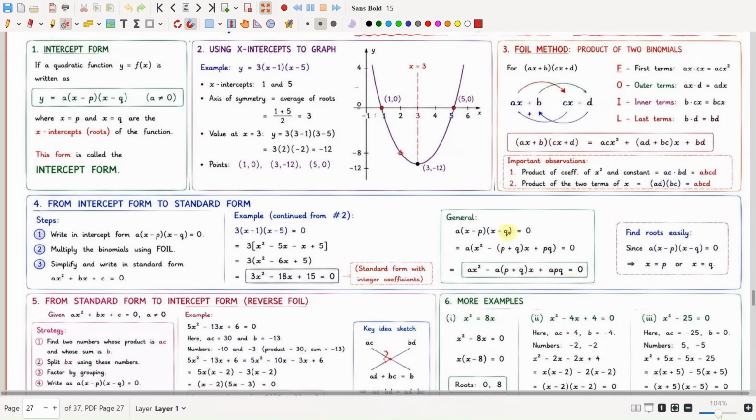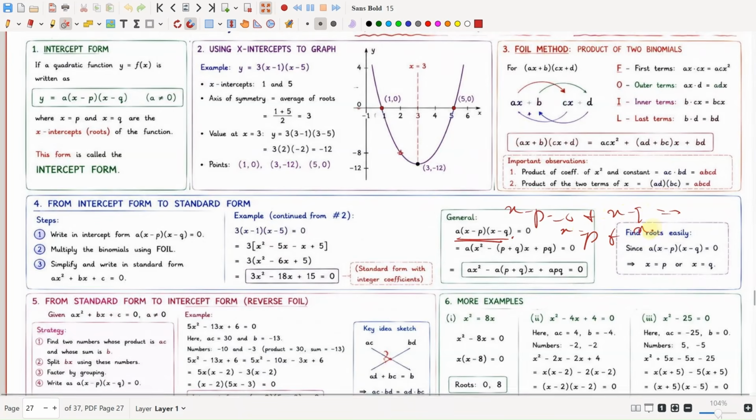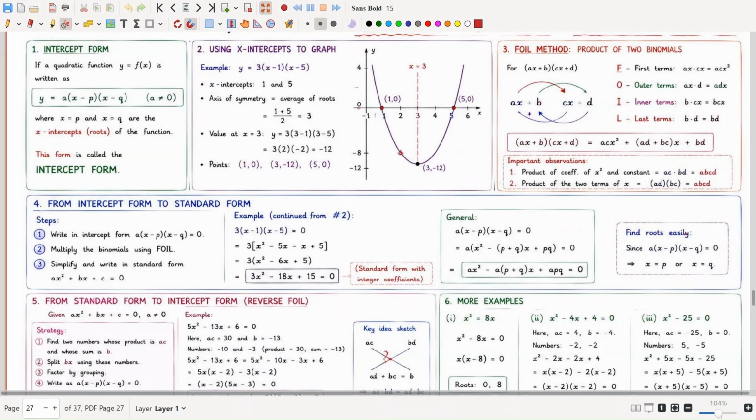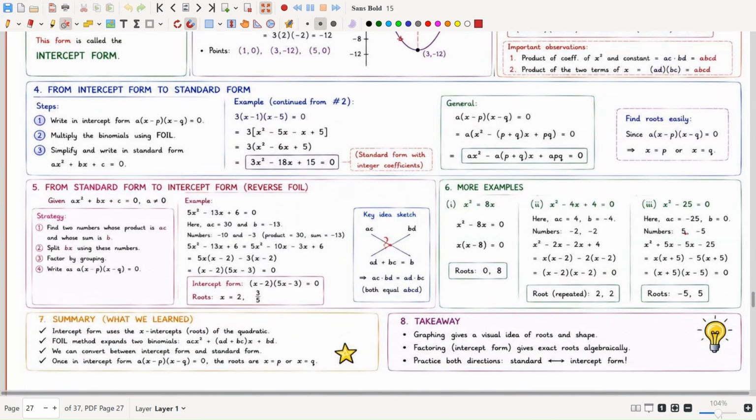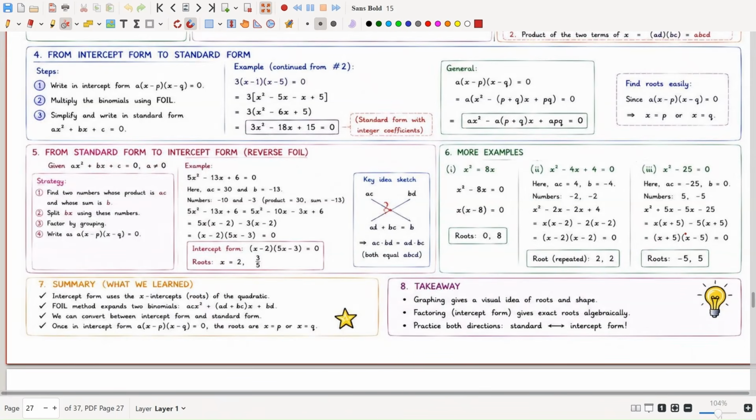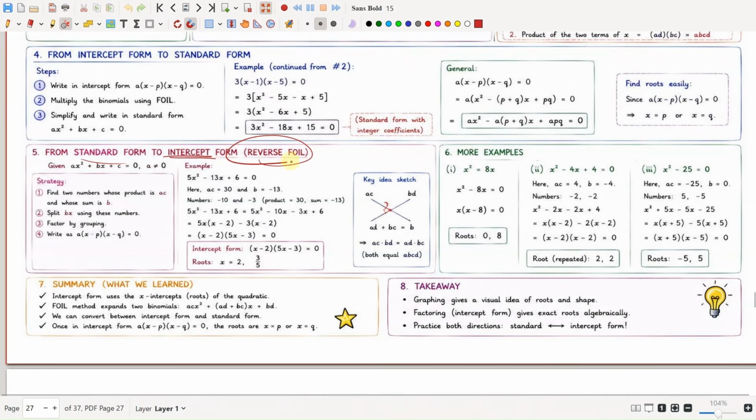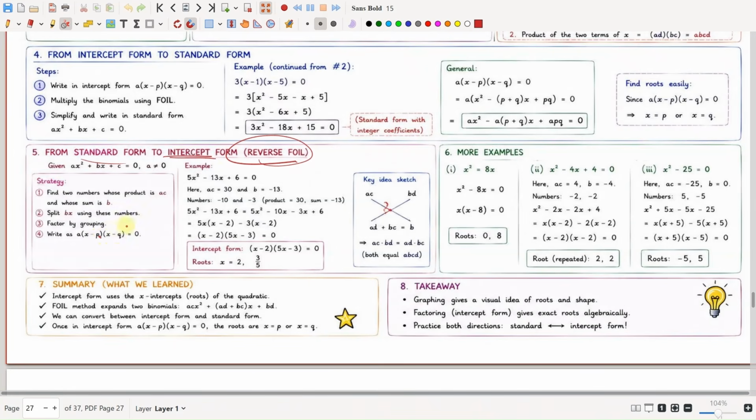So in this form, you can find the roots easily. Okay. x minus p is equal to 0 and x minus q is equal to 0. Therefore, x is equal to p and x is equal to q. Okay, this is how we found the roots here easily. And we can also convert from standard form to intercept form using the reverse FOIL, but this is not necessary for us as it will not be used by the IIT here.